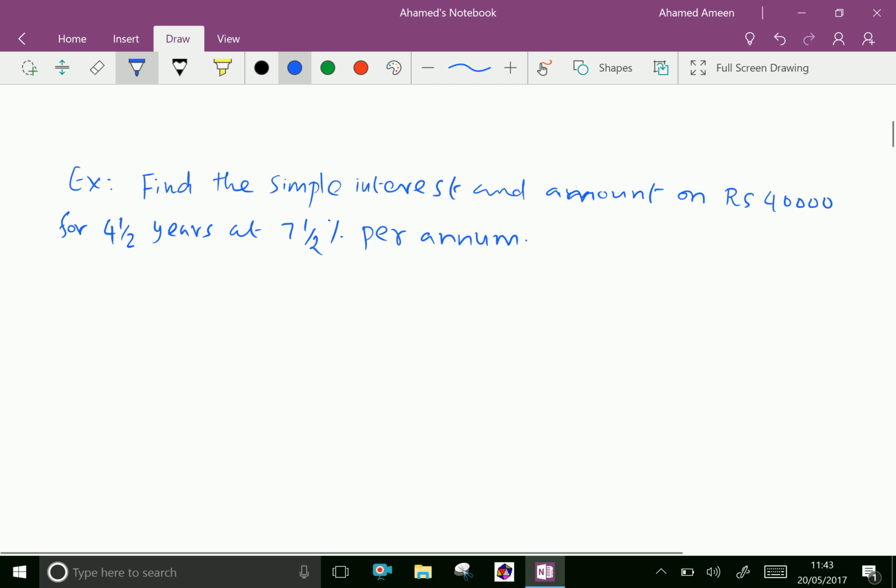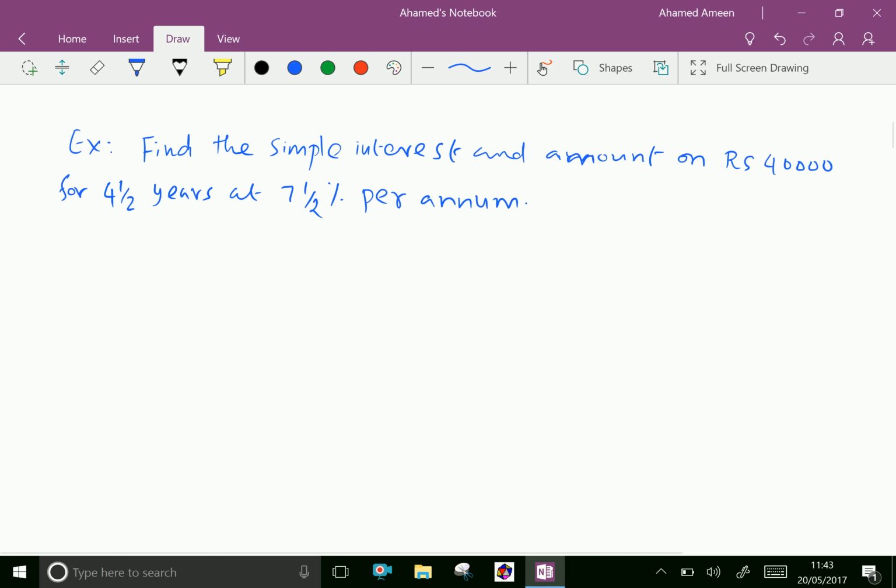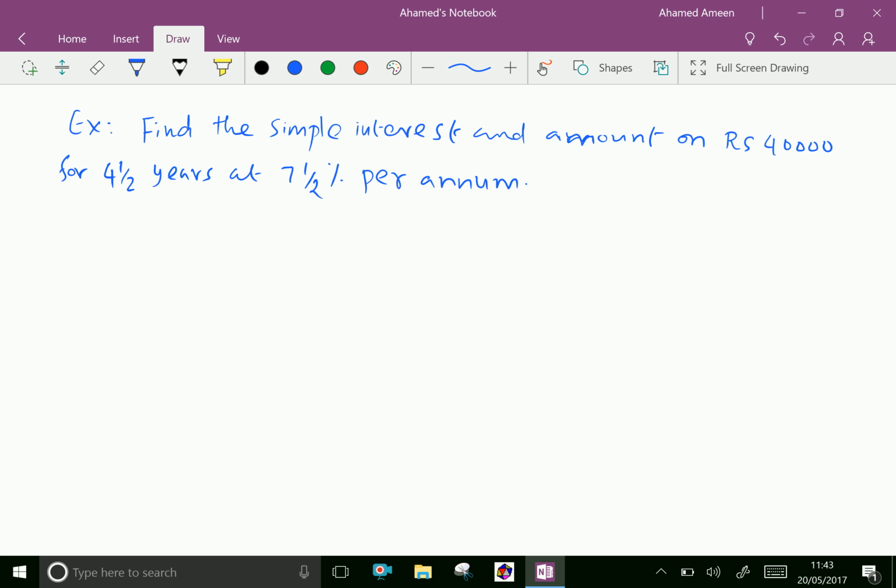Now let us do some problems regarding simple interest. Find the simple interest and amount on rupees 40,000 for 4.5 years at 7.5% per annum interest.